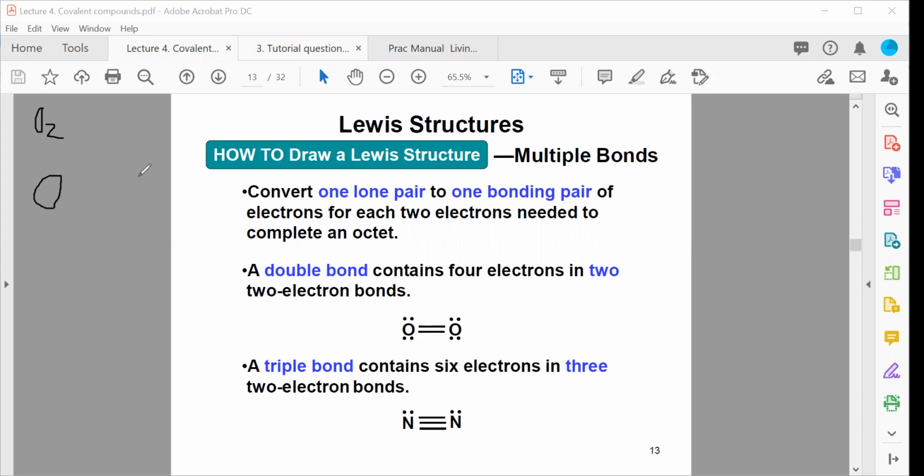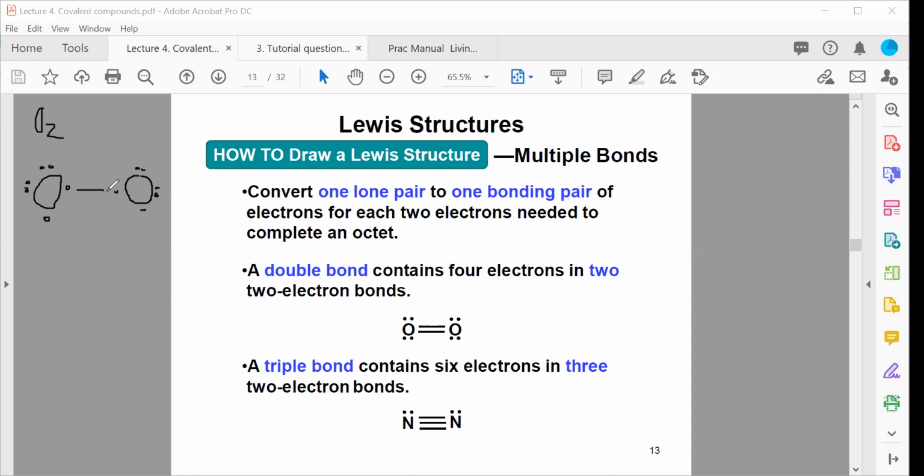How many valence electrons does oxygen have? 1, 2, that's right, 6. 1, 2, 3, 4, 5, 6.